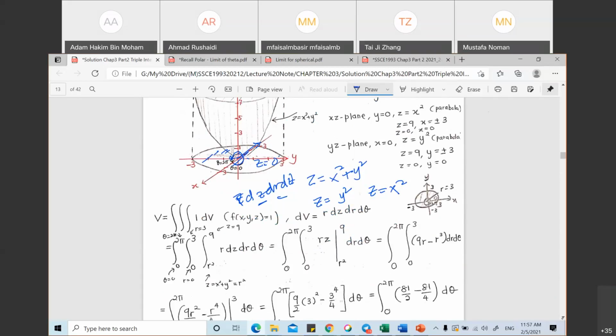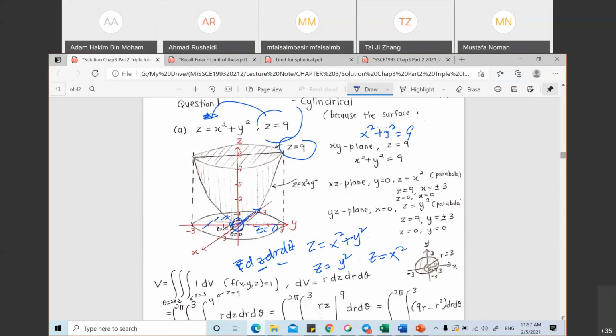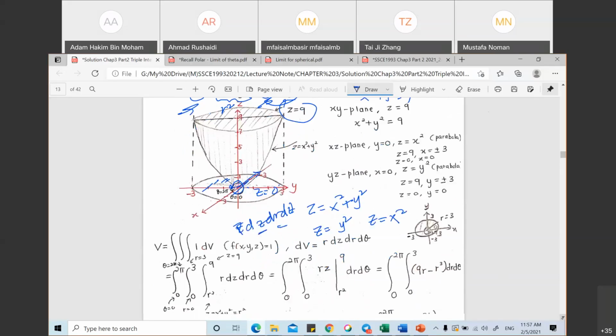So that's why your z is r squared to 9. Okay, see why r squared? Oh, okay, if you see here, this is r and this is 9. So it is r squared to 9. Okay, I forgot about this. So we have 2z, right? It is clearly from r squared to 9. So your z is r squared to 9.